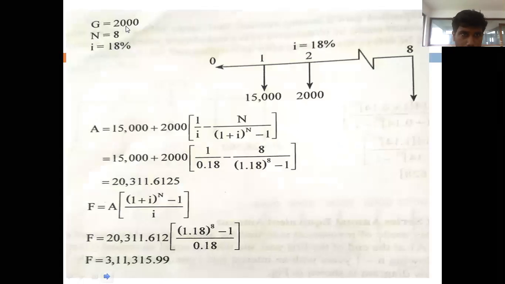I told you already. So the future amount he has deposited, A, he has calculated. Then equal amount. After this, the future sum of amount at the end of 8 years.